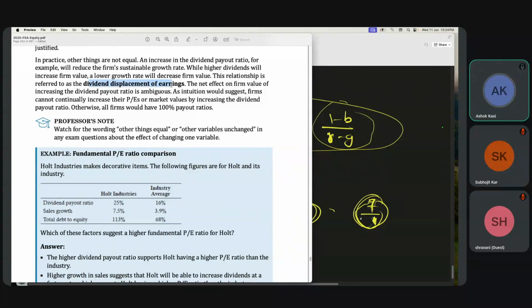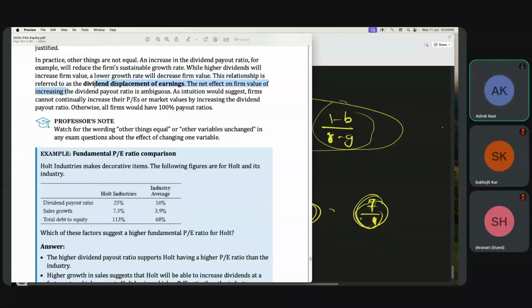Dividend displacement of earnings. Other things being equal, an increase in the dividend payout ratio, for example, will reduce the firm's sustainable growth rate. While higher dividends will increase firm value, a lower growth rate will decrease it.